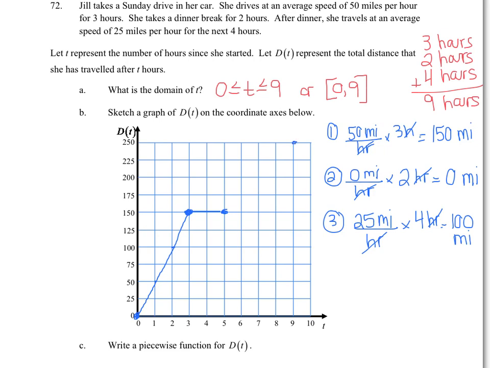So at 9 hours, she's traveled 250 miles. We can also see this with our slope. Our slope is 25. So up 25 over 1, four times, for a total of 4 hours. So we can see those are our points. We can connect them, and there's our graph of d of t.